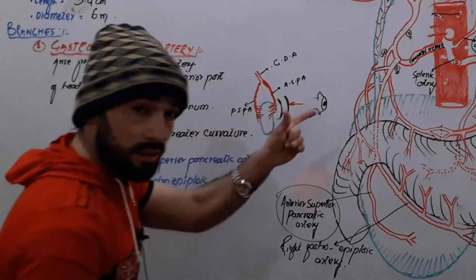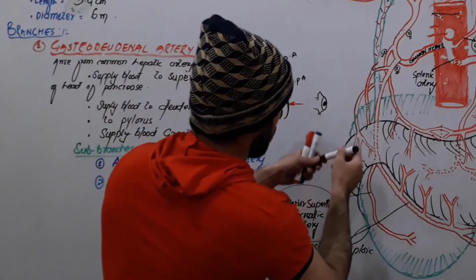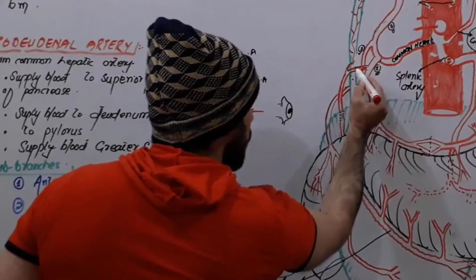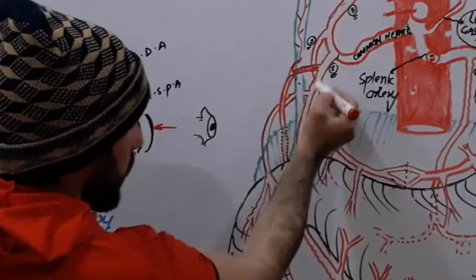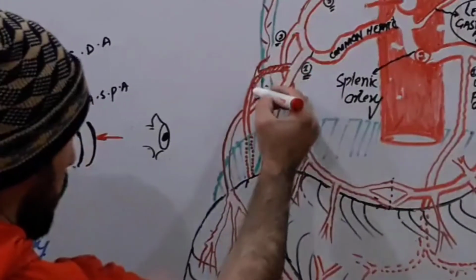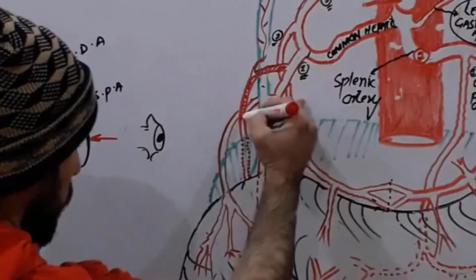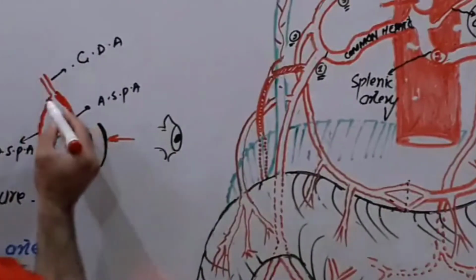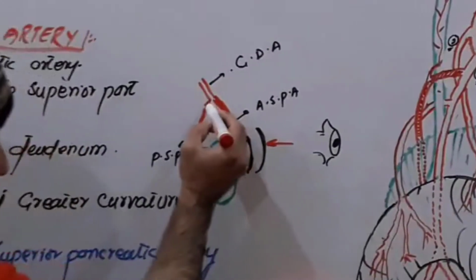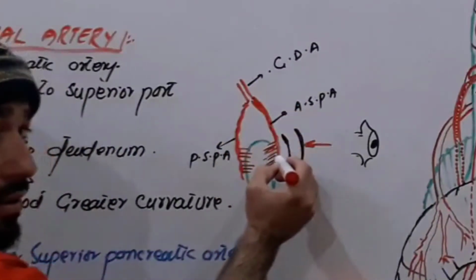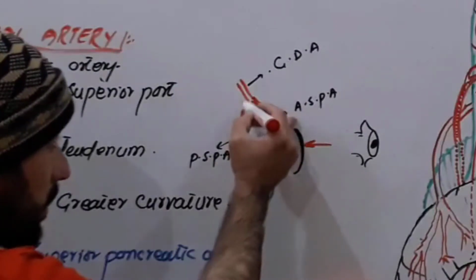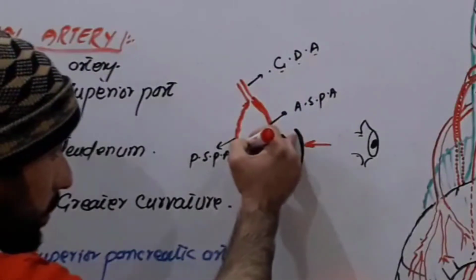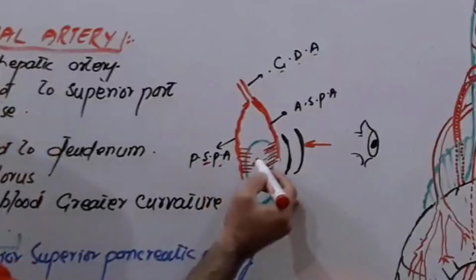Okay, let us see the third branch also. Look, my dear friends, look here. This branch is also bifurcating from the gastroduodenal artery, and follow my marker. It is going to the posterior part of the pancreas. This artery, which is a branch of the gastroduodenal artery, is bifurcating from that point and going to the posterior superior part of the pancreas, right?